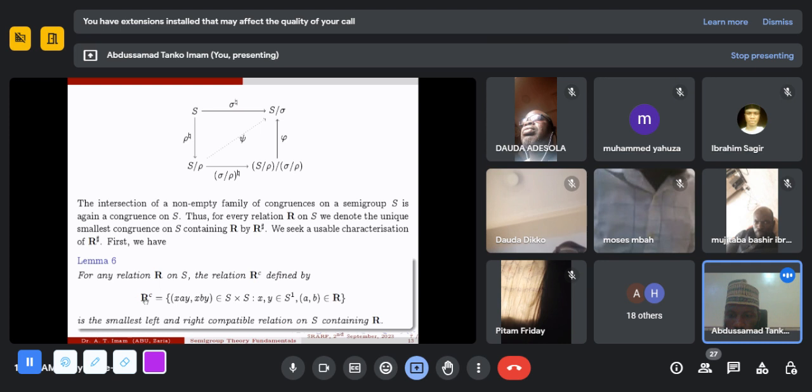So this R^c is claimed to be the smallest left and right compatible relation on S containing R. The fact that it contains R is clear from the definition. I've explained that. But then it is a left and right compatible relation.